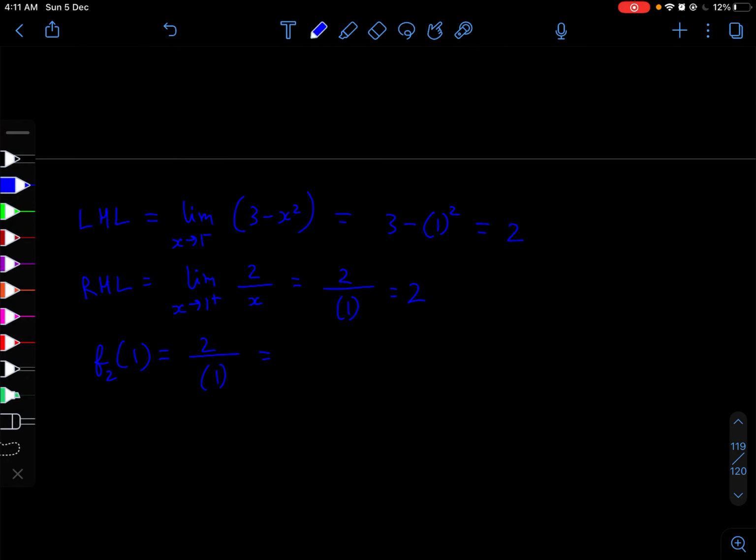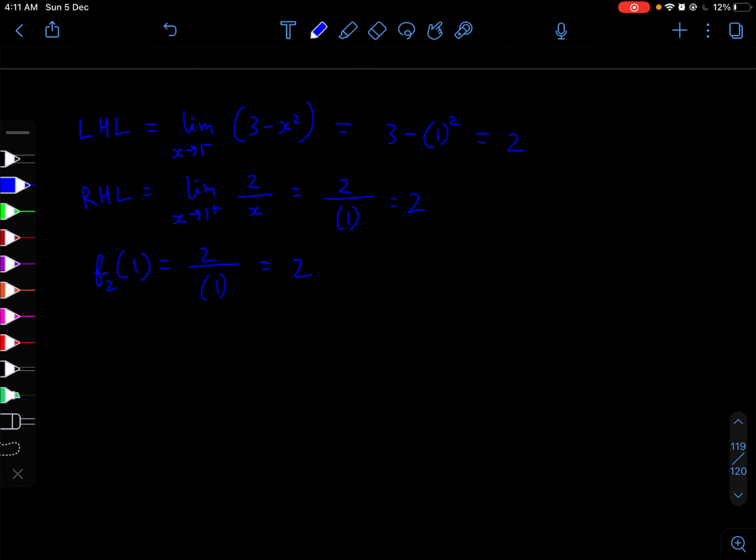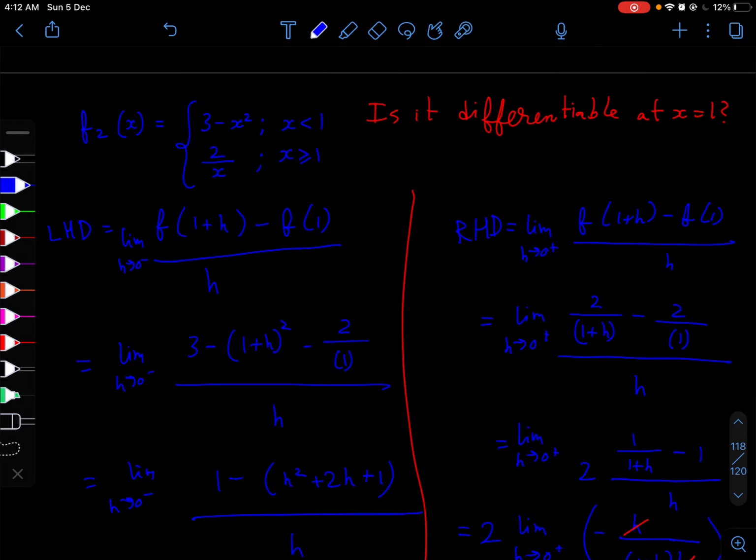So we'd get 2 divided by 1, which is equal to 2. Now because the left hand limit equals the right hand limit, which also equals f2 of 1, we can say that this function is continuous when x is equal to 1.